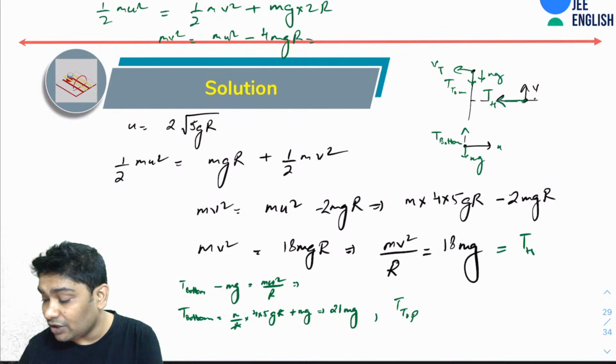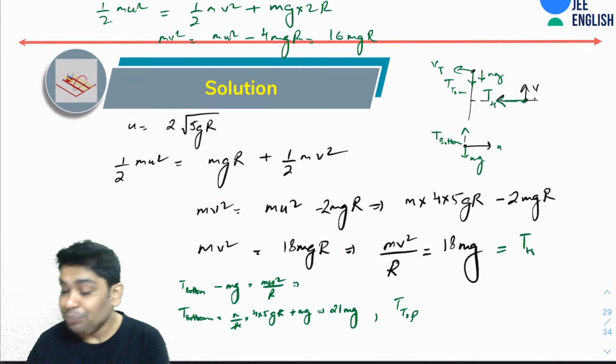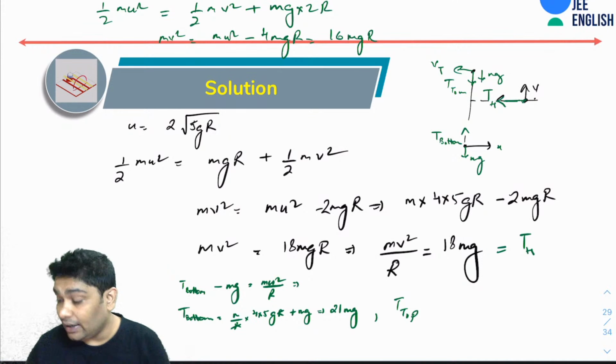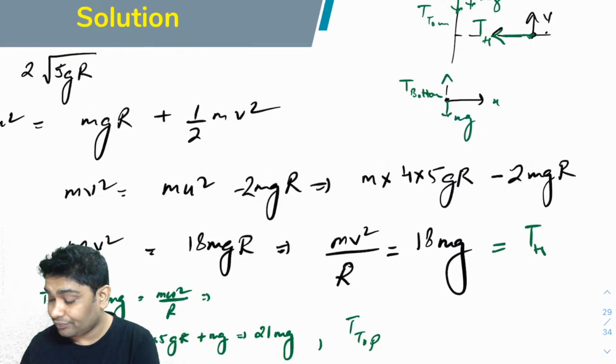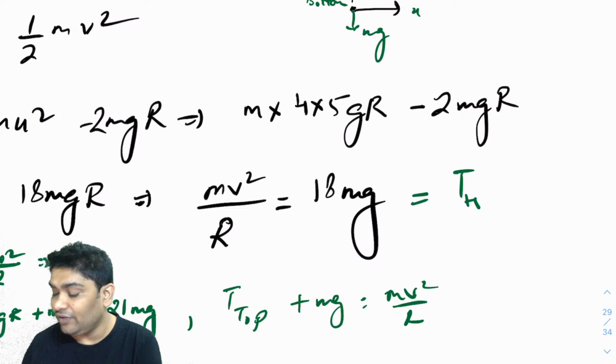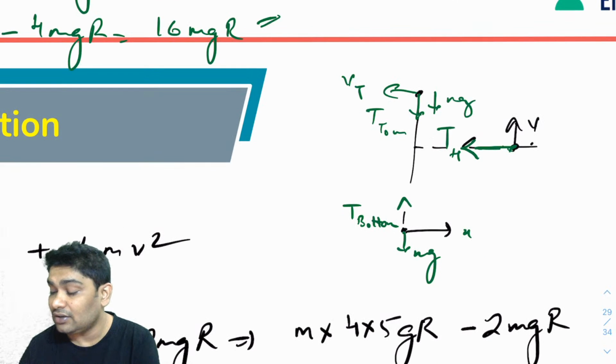So that will be 20 minus 4, that is 16 mgr. Okay, so that is 16 mgr. And I know T top plus mg should be equal to mv square by r, and mv square by r from here I will realize is 16 mg.